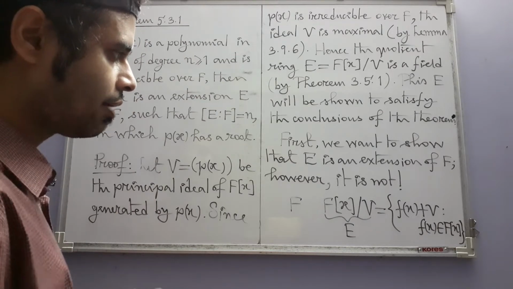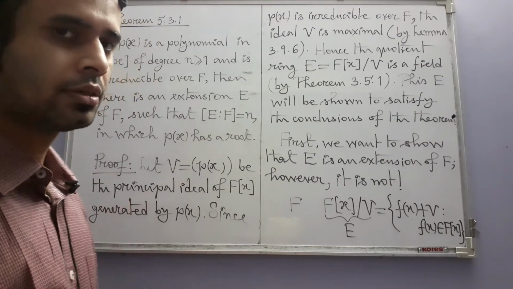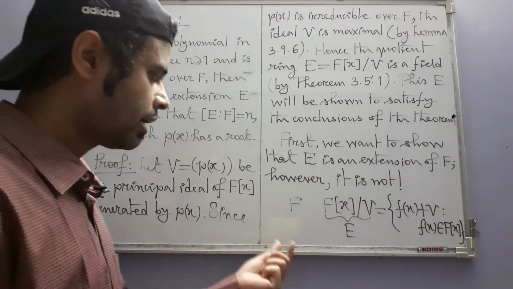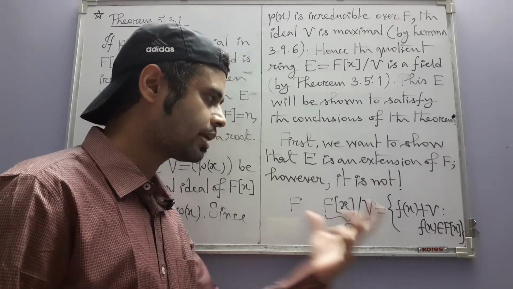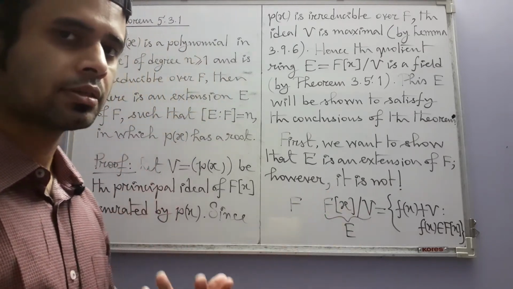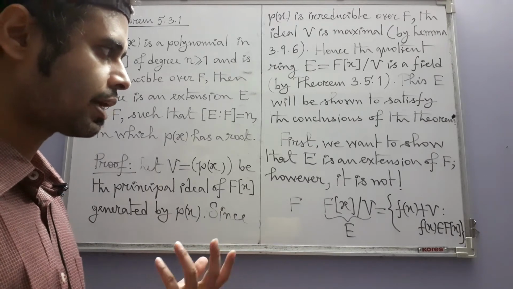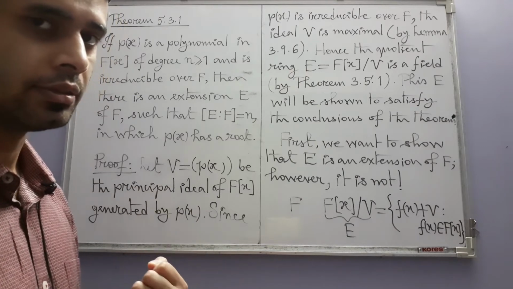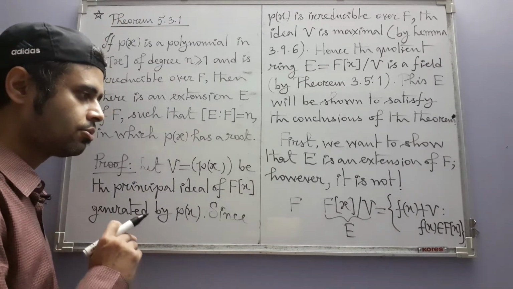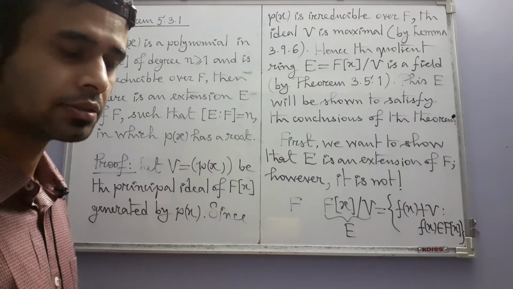So then how can we claim that E is an extension of F? That is by finding an isomorphic copy of F inside this, because while doing algebra, isomorphic structures represent the same underlying thing. There is no essential difference between two isomorphic things.